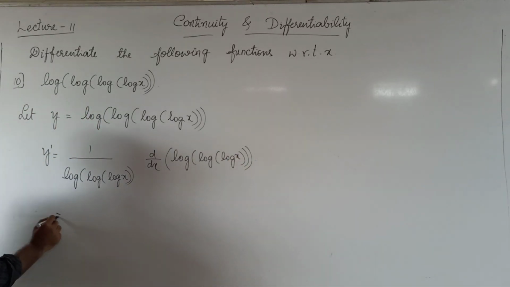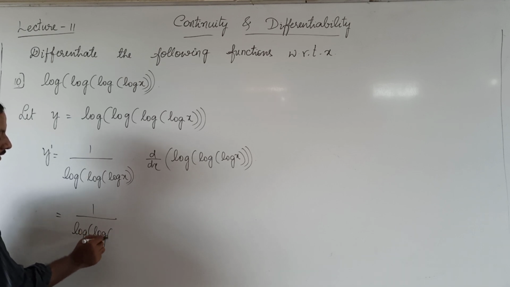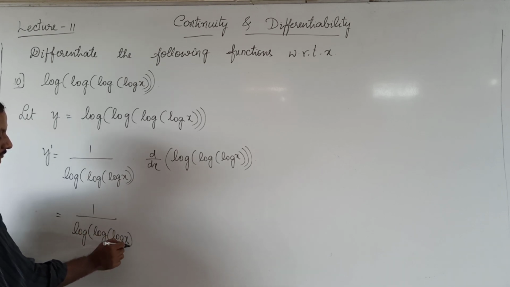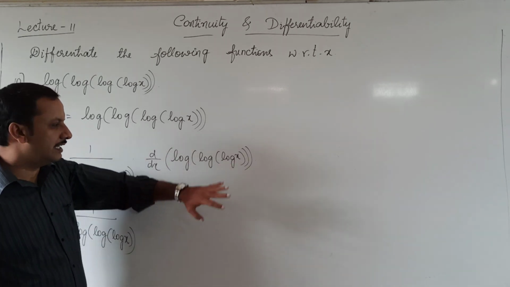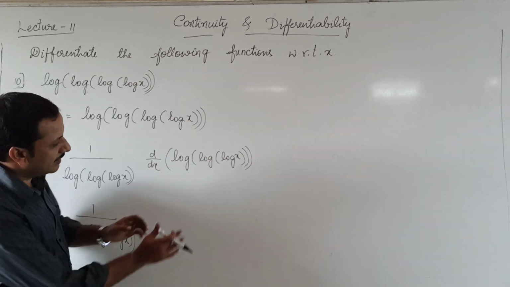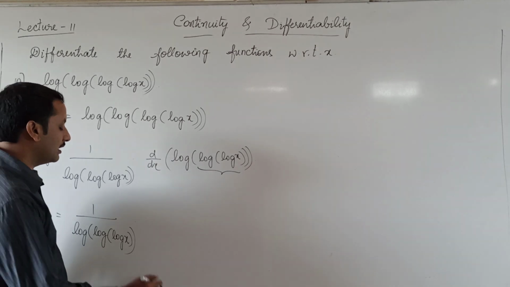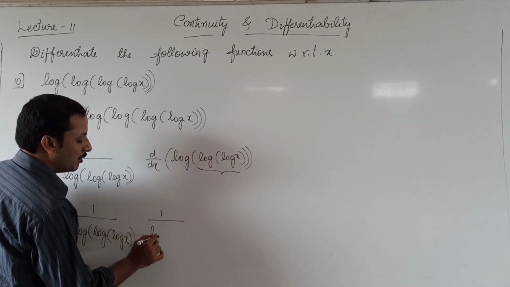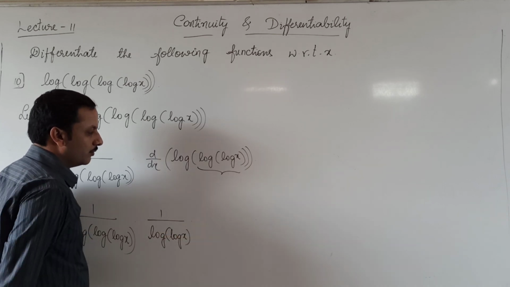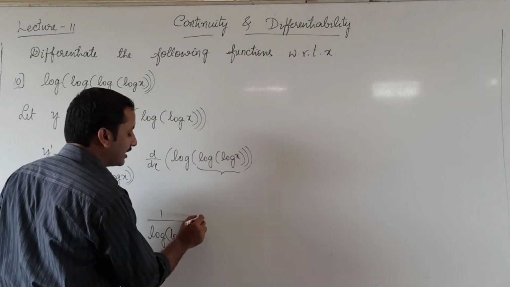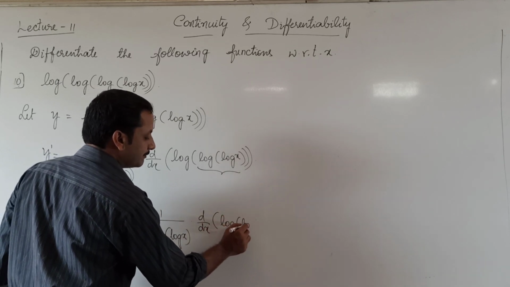That's equal to 1 by log x into derivative of log x. Treat this as x. Then it's of the form log x. So derivative of log x is 1 by x. That will give you 1 by log x into what next? Into the derivative of this factor, into d by dx of log x.